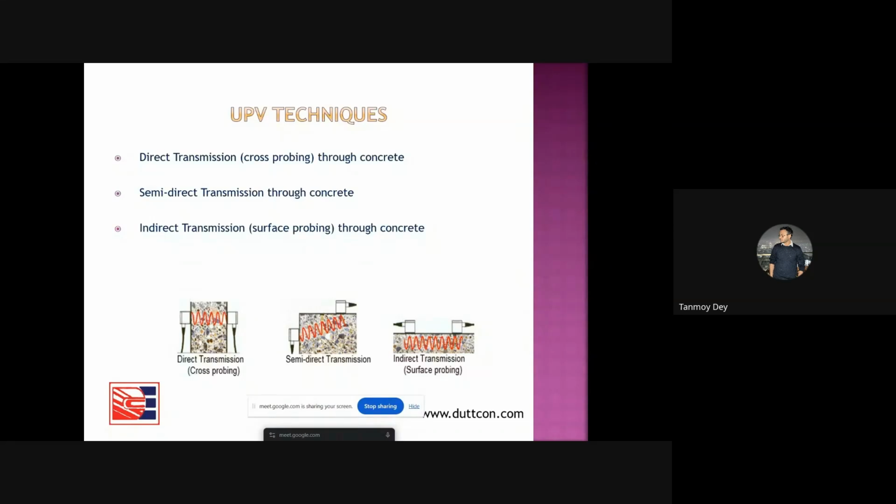At just the opposite side, two probes have to be fixed. Say the length of the wire is 25 meters, it is not possible to have this. In that case, we have to go indirect. We have to place the probe, say 100 millimeter or 300 millimeter away, and we can measure accordingly.